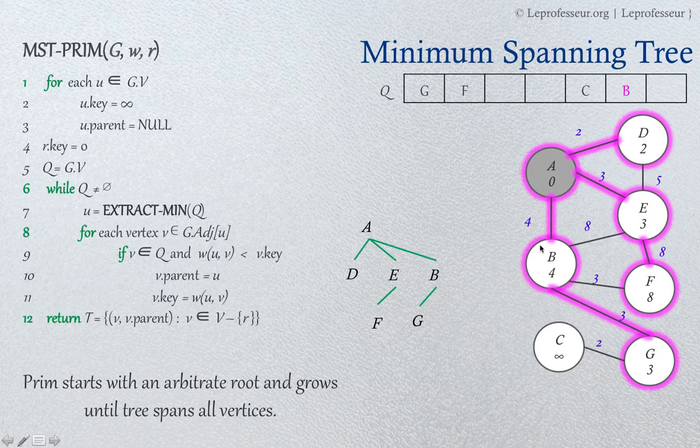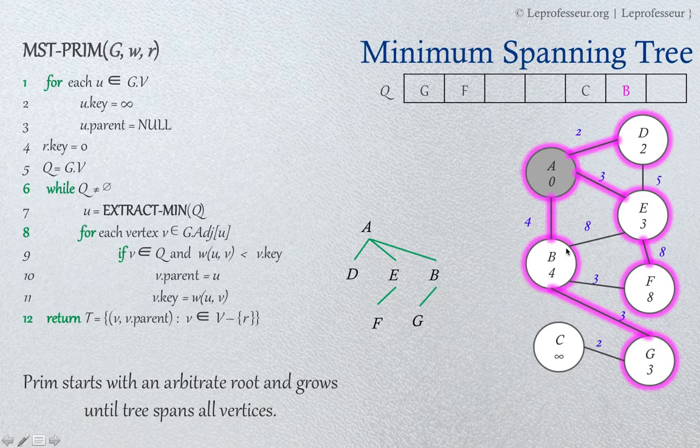We select B, and adjacent vertices to B are F and G, and E. Now E is already done. We have no more E in our queue, so we will not execute line number 9, 10 and 11. Okay, another adjacent vertex to B is F and G.